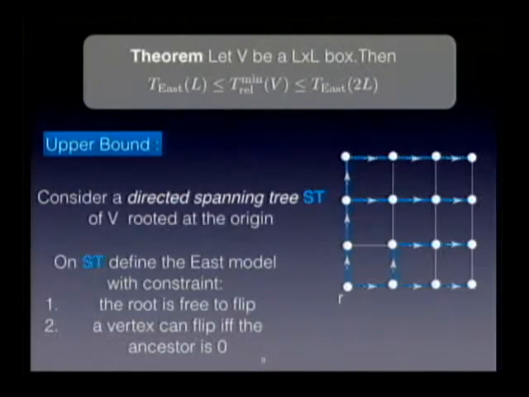And so this is the first result, okay? So if V is an L by L box, then the relaxation time in this box is bigger than the relaxation time in one dimension on one side only, and less than the relaxation time on, say, the sum of these two sides, okay? And so let's see the arguments of the upper bound.